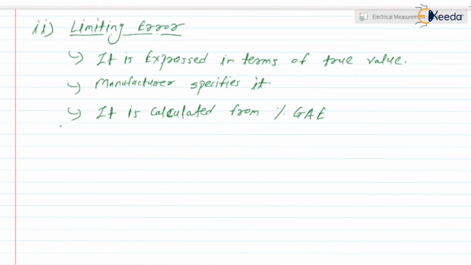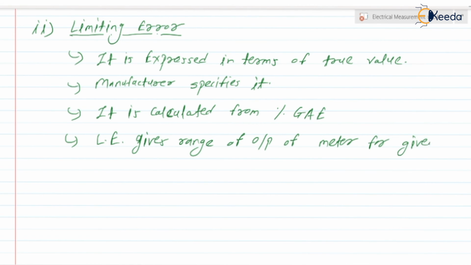And the limiting error, LE, gives the range of the output of the meter for a given input. So these are the important points related with the limiting error.